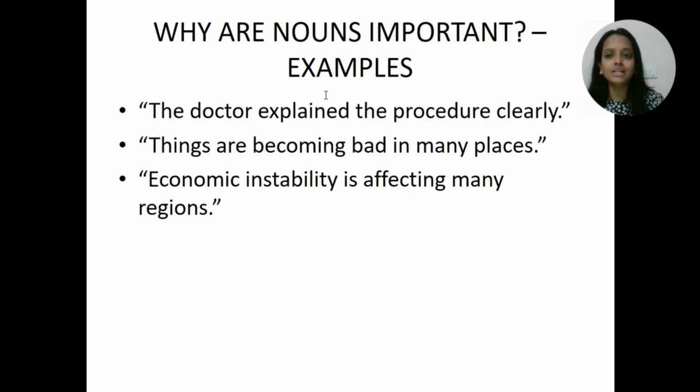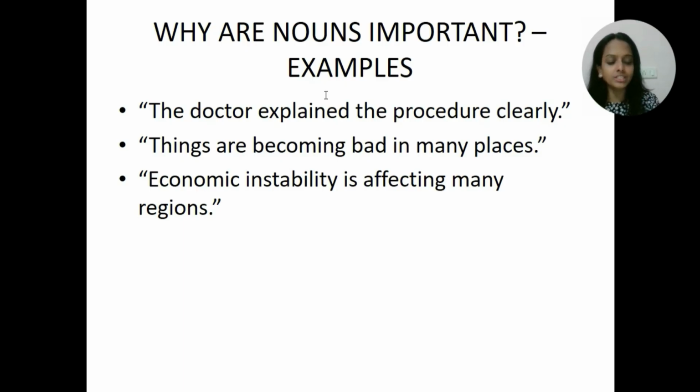And secondly, nouns help us express real world and abstract ideas. Remember, English is not only used to talk about physical things like phone, tablet, and so on. It is also used to talk about invisible things like justice, honesty, courage, pressure, stress, peace, emotion. So these are also nouns. Nouns allow us to communicate not only about the visible world, but also our thoughts, emotions, values, and concepts.